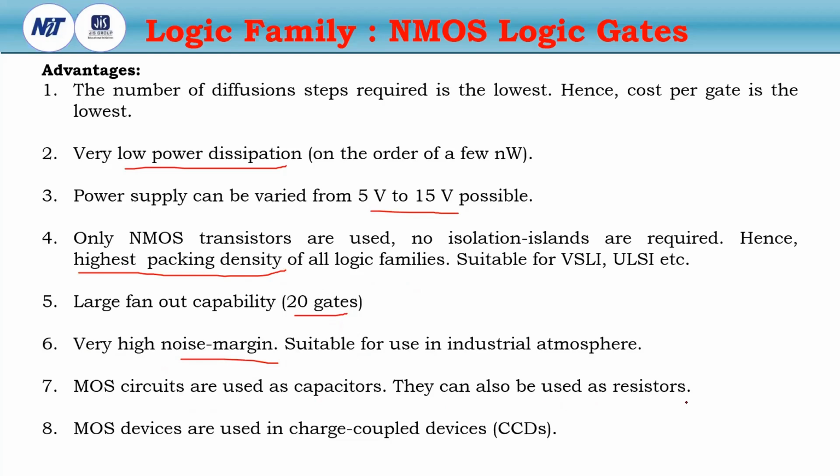So you can use the NMOS or PMOS as a resistor or a capacitor. In VLSI in 6th semester, you will learn how the MOS is used as a switched capacitor circuit. So the MOS devices are also used in charge coupled devices, CCD, which are used in the camera.